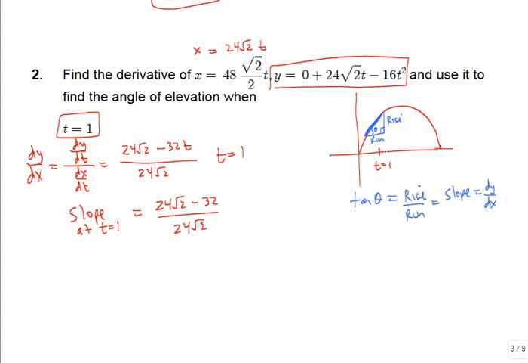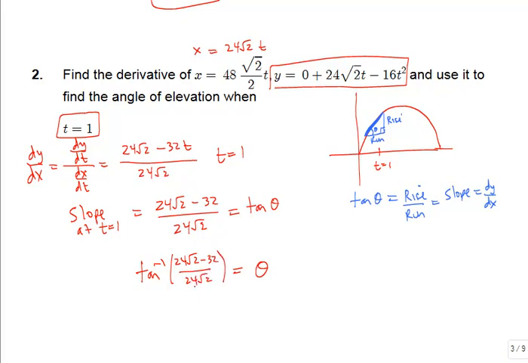And what we said over here is that this slope at time 1 is equivalent to the tangent of our angle of inclination, what I'm calling theta. So if we set this expression equal to the tangent of theta, then we can solve this for theta by taking the inverse tangent of this expression.